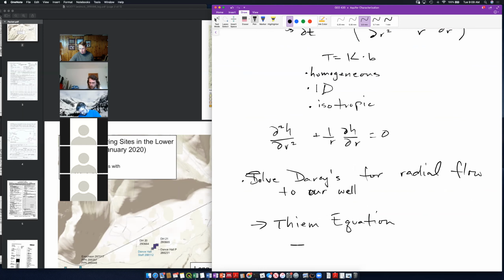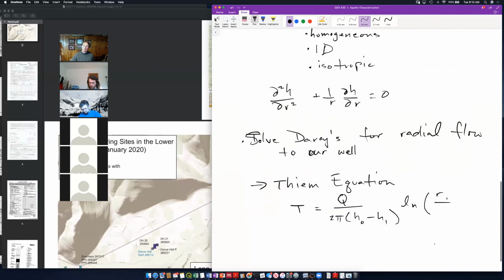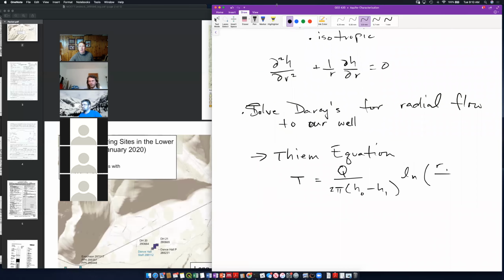Which is this: transmissivity equals Q over 2 pi, H naught minus H1, the natural log of R1. Oh, this is not H naught. Let me.